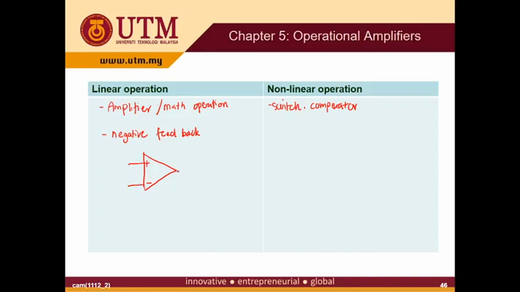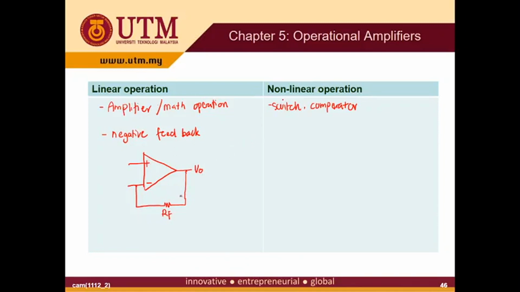These are the two inputs, and here we have the output, V out. The negative feedback is the connection between your output and the inverting input. This is your RF, the feedback resistance. This is what we call negative feedback.